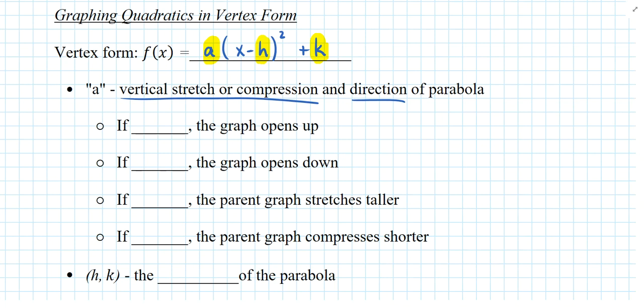If a is positive, the graph opens up, and if a is negative, the graph opens down. When the absolute value of a is greater than 1, the parent graph stretches taller, and it does so by a factor of a. And if the absolute value of a is between 0 and 1, the graph will compress shorter.